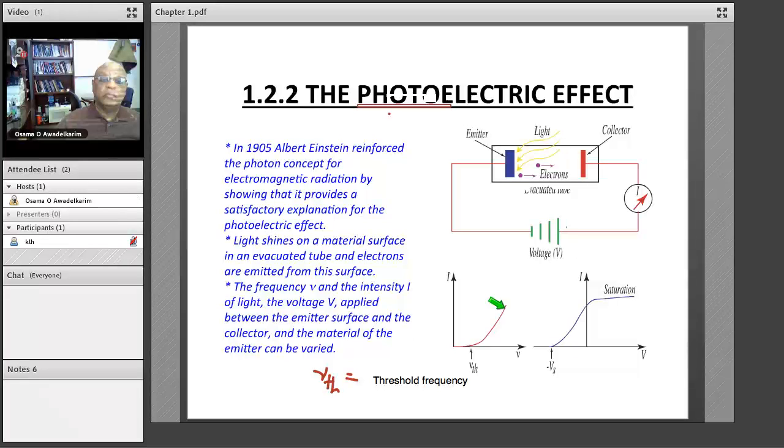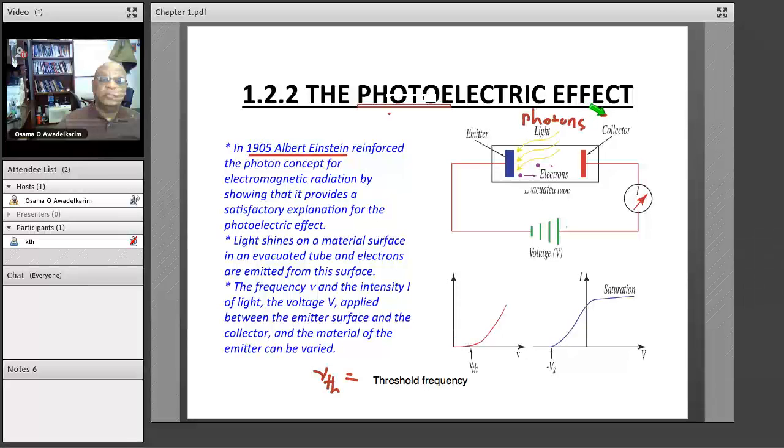So what's the deal here? The way Einstein interpreted this experiment is that light consists of particles. So we have photons incident on the plate.